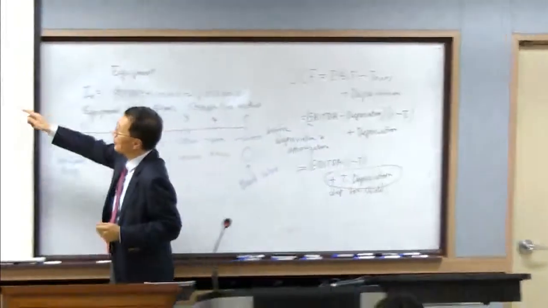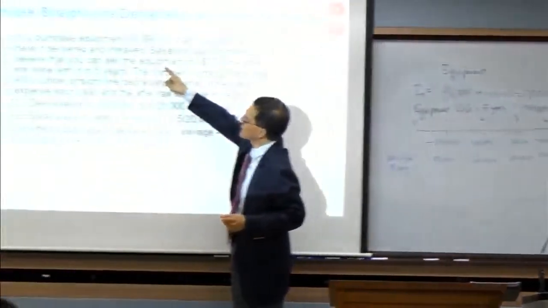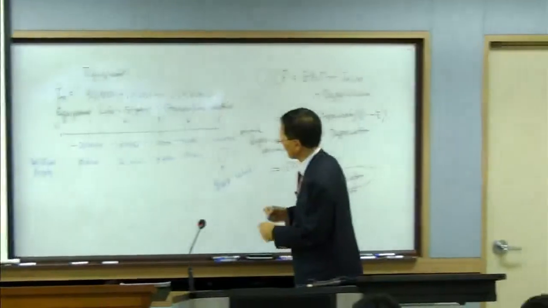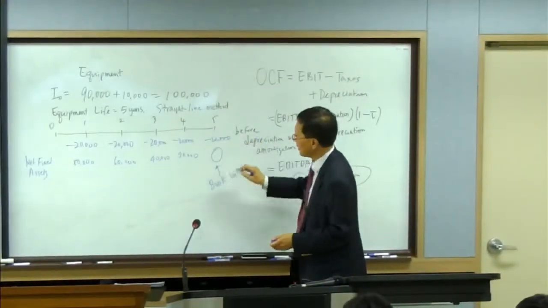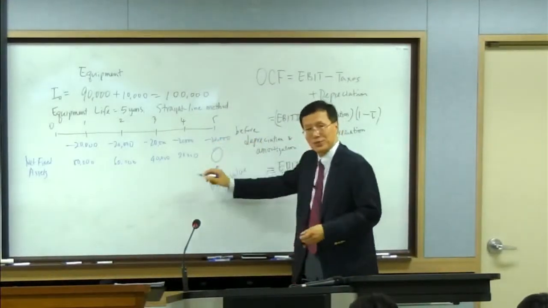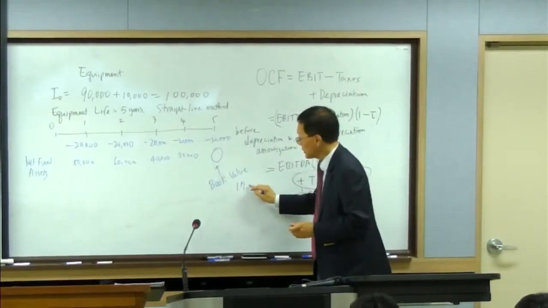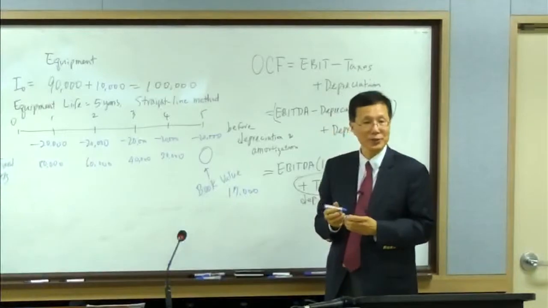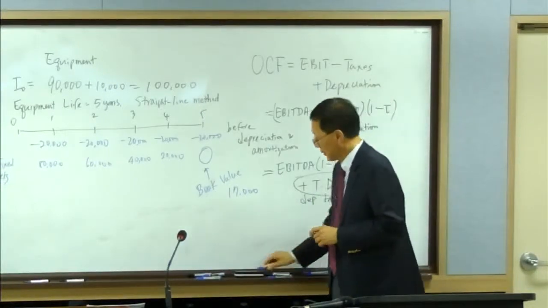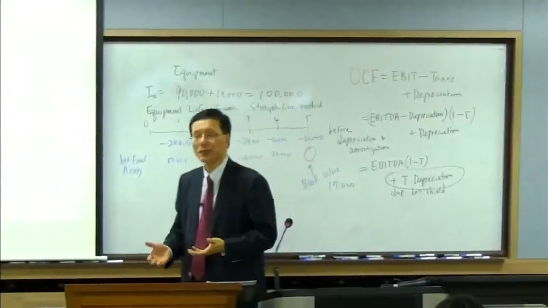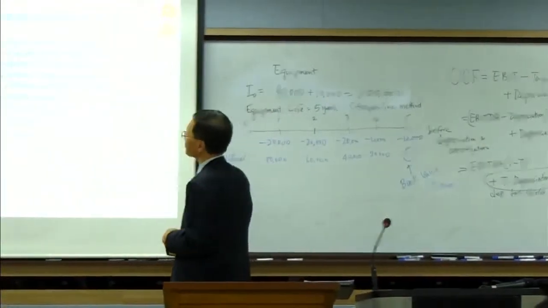But the company can sell the equipment for $17,000. It can actually sell this 0-valued asset at $17,000. This is called salvage value. This can be salvaged for $17,000.